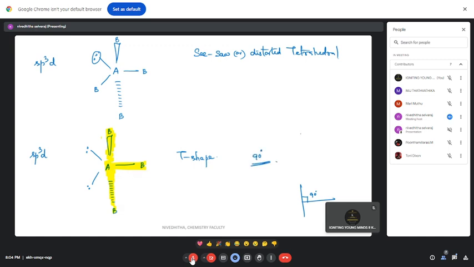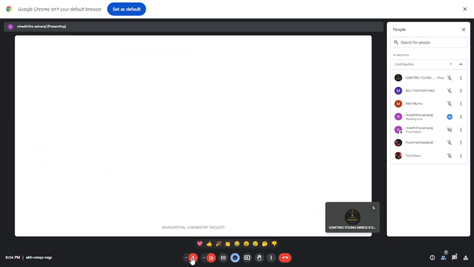Okay, fine. Another shape. If the hybridization is sp3d, the central atom can form 5 chemical bonds, in which the central atom has only 2 terminal atoms. So what would be the shape? Now you tell me. In trigonal bipyramidal, I have only 2 terminal atoms and the rest of the bonds are filled with lone pairs of electrons.